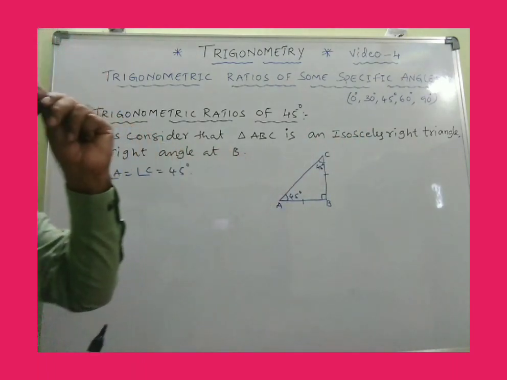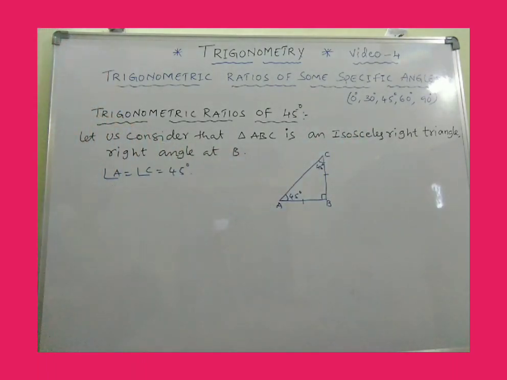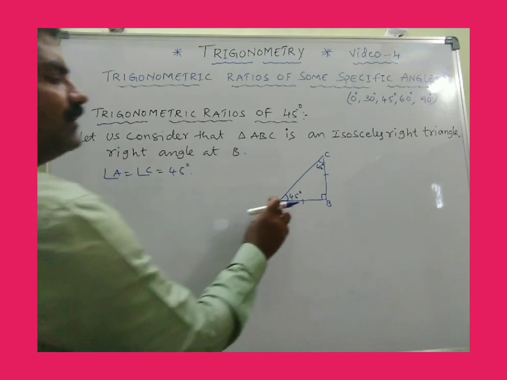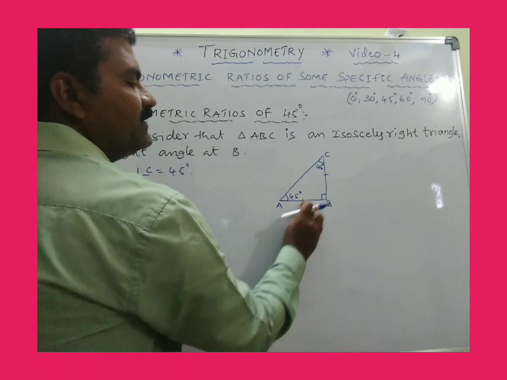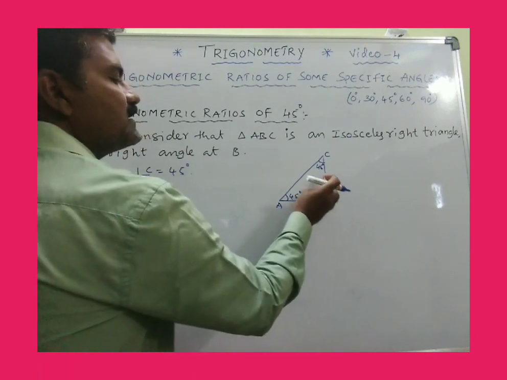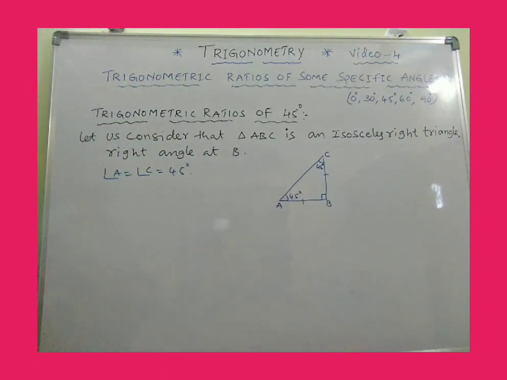You know the meaning of isosceles? Any two sides are equal or two angles are equal. That's why let me equate these two sides, and the angles opposite to equal sides are also equal. Hence angle A is equal to angle C is equal to 45 degrees.